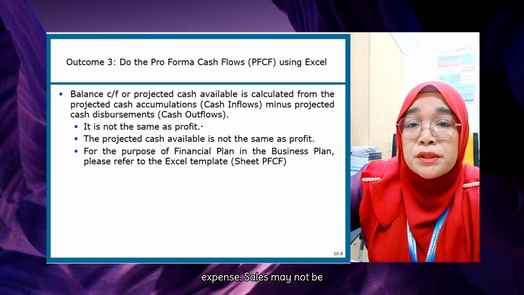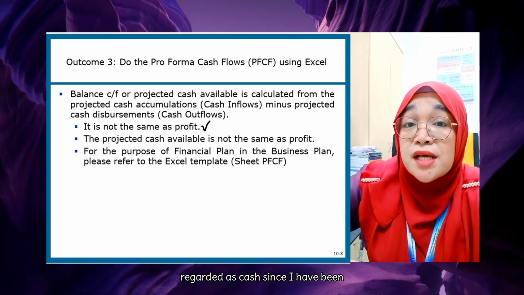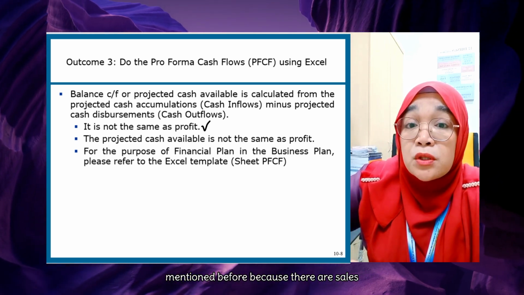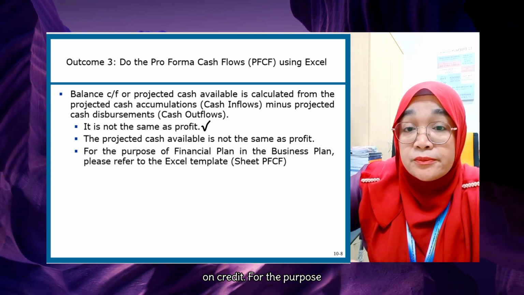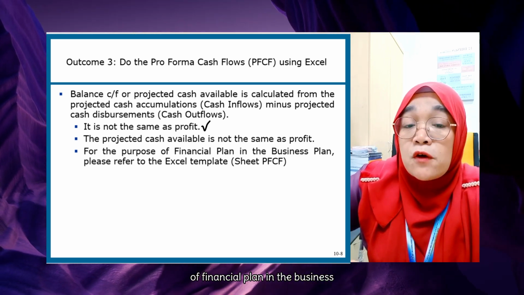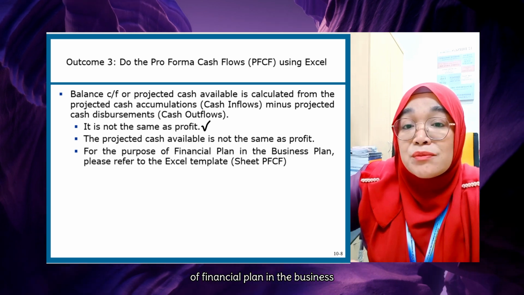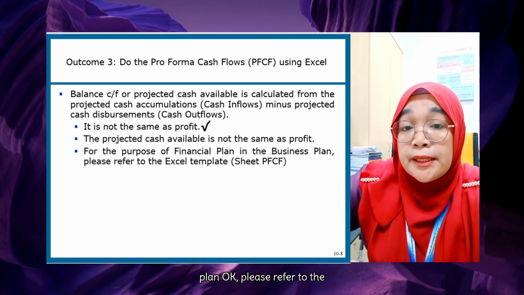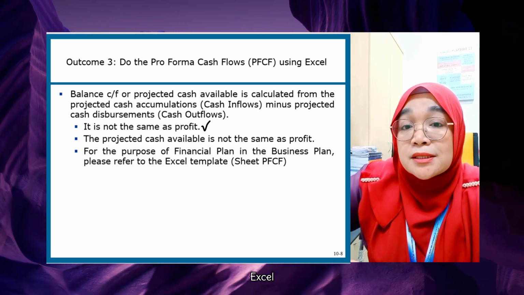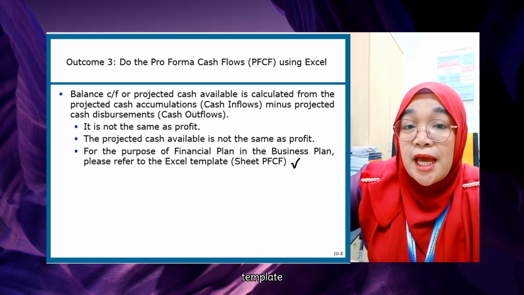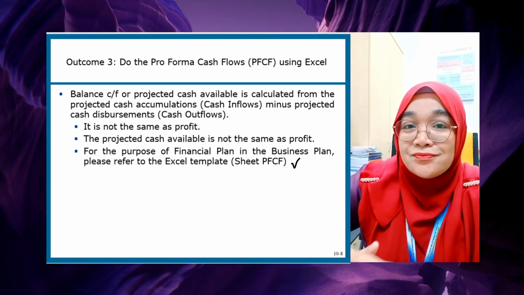Sales may not be regarded as cash, as I have mentioned before, because there are sales on credit. For the purpose of financial plan in the business plan, please refer to the Excel template sheet PFCF.